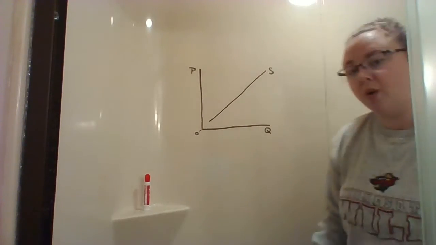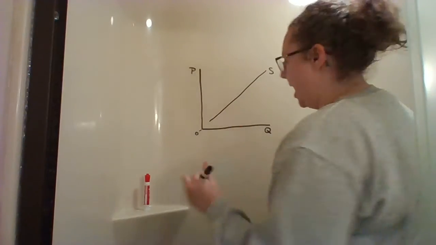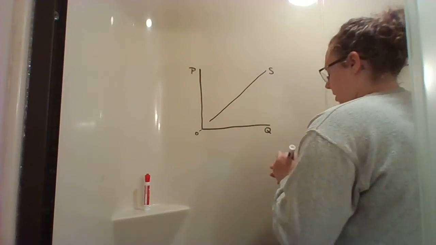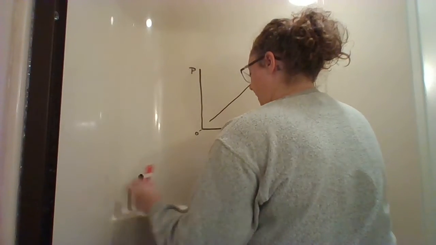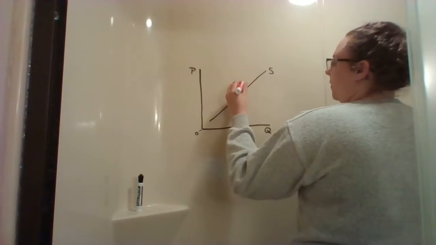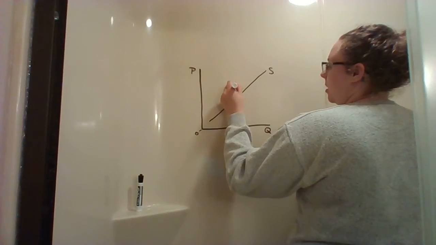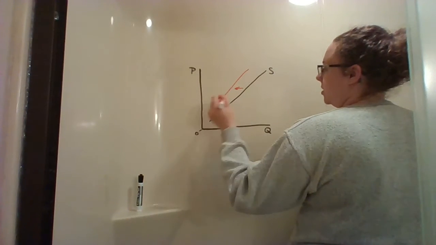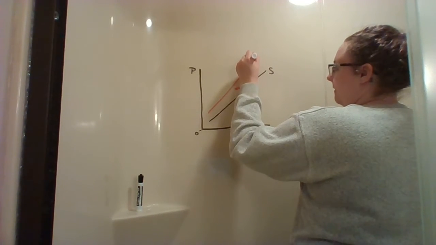To show a decrease in supply, I'm going to use my red marker. It's going to be way more helpful. We're going to move to the left.